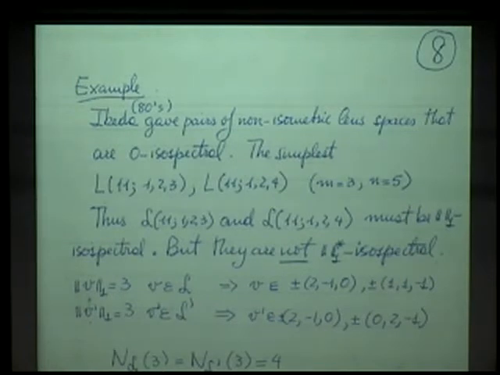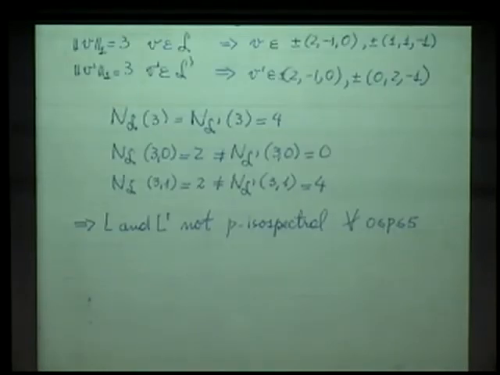But in one of them, the one with zeros, if you take this finer measure, that measures not only the length but also the number of coordinates equal to 0, you get different counts.